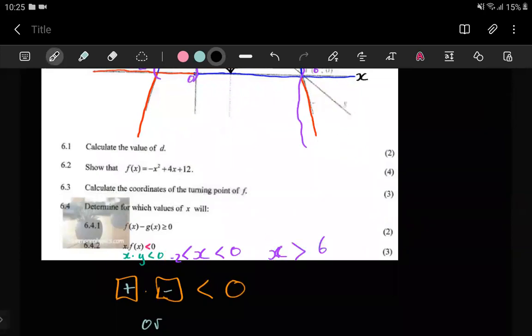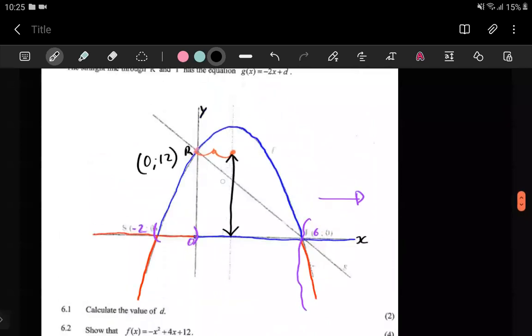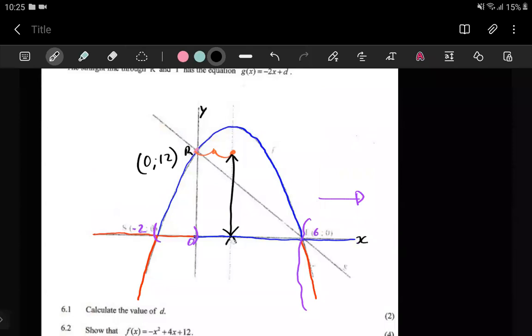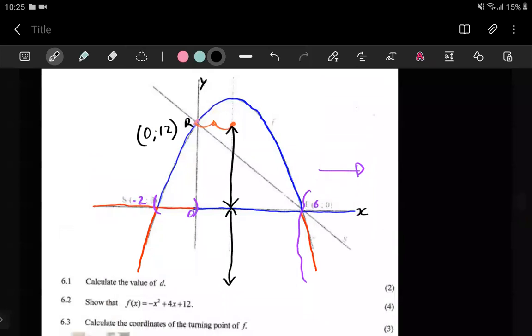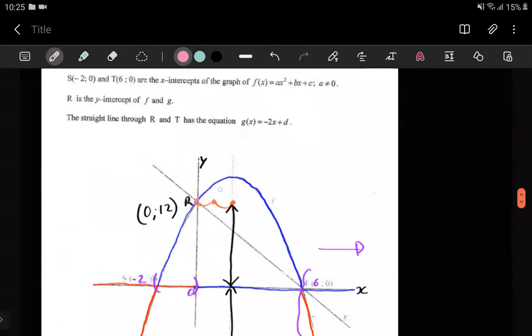These were the other answers for the other question. So you see, this distance is like 12 away from the x-axis. So the new point of R' has to be 12 downwards, which is like if there's a +12 here, the new point will be down here where it's going to be a -12. So the x value will be 2, the y value will be -12, because that's what has happened.